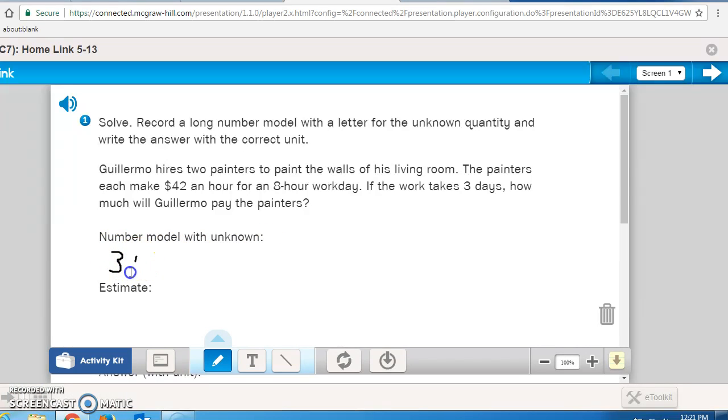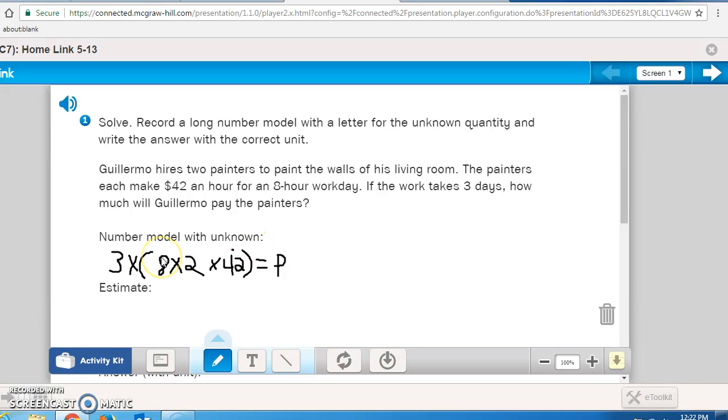3 times 8 times 2 times 42 equals P, for pay. So the painters each make $42 an hour.